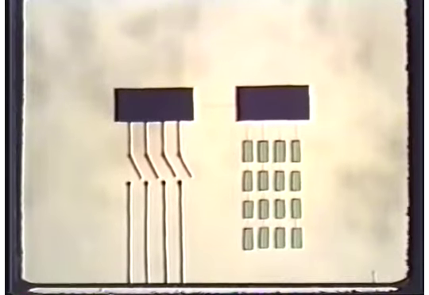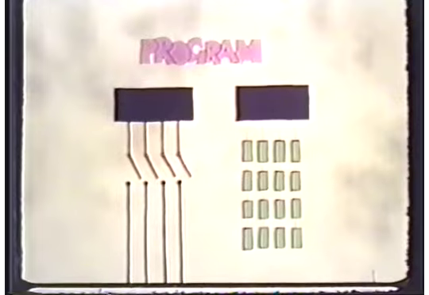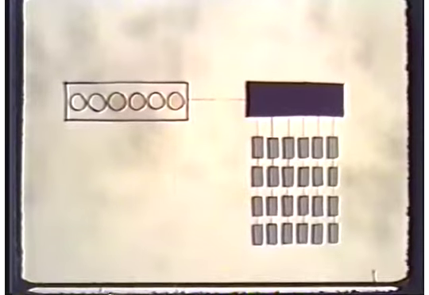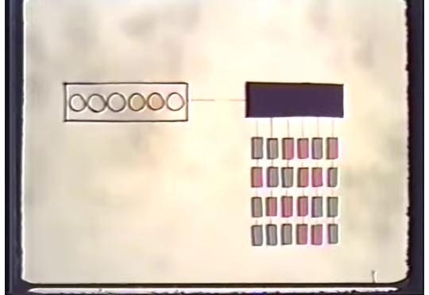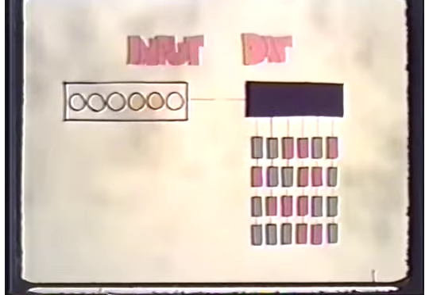The switching instruction is called the program. This is stored first. Then the numbers to be calculated are stored. And they are called the input data.